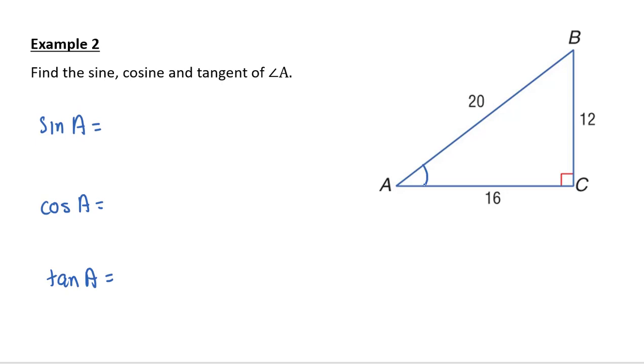So the sine of angle A is right here. The sine, so opposite over hypotenuse, 12 over 20. And we reduce that. 4 is the largest number that goes into each one of those.